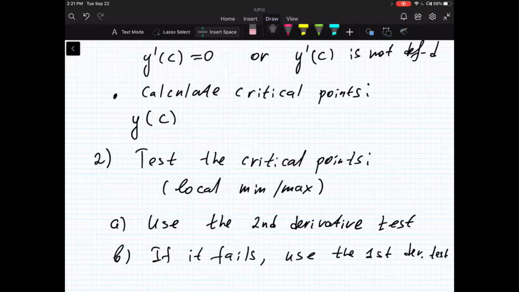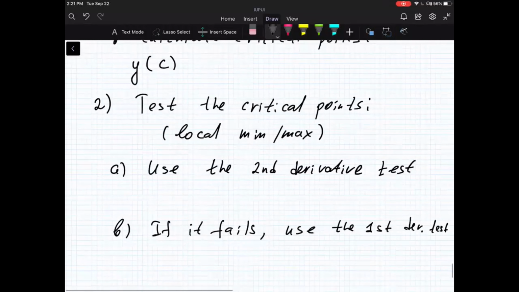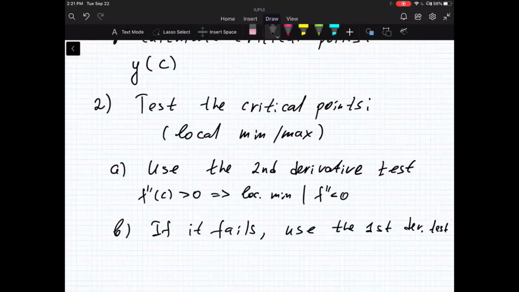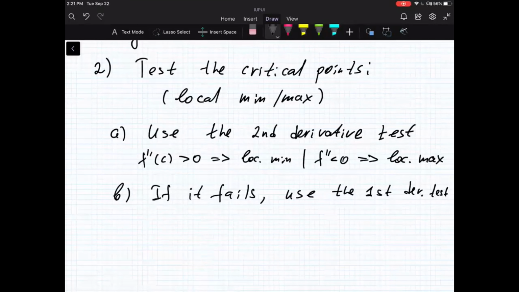So again, what does it mean? It means that if f double prime at point C is positive, then it's a local minimum. If it's negative, then it's a local maximum. And in this case, if f double prime at point C is 0, the test fails.